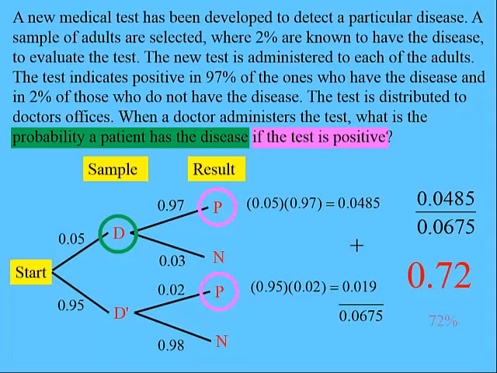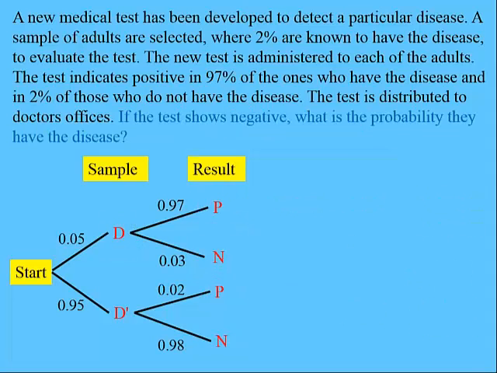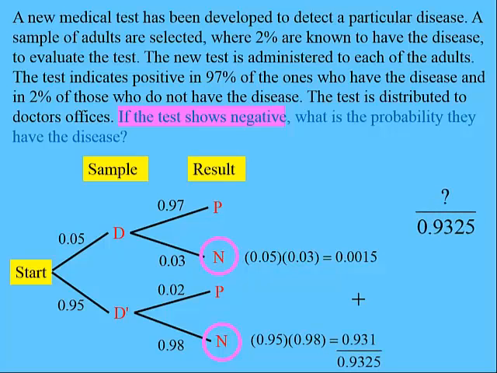Let's look at the other scenario. Here is the same problem, only this time we're wondering what to tell them if the test shows negative. And so we identify all the branches that end in N, multiply out to the ends, add them up. That's the bottom number. What is the probability they have the disease? The ones that have the disease out of the two branches that are marked would be these.